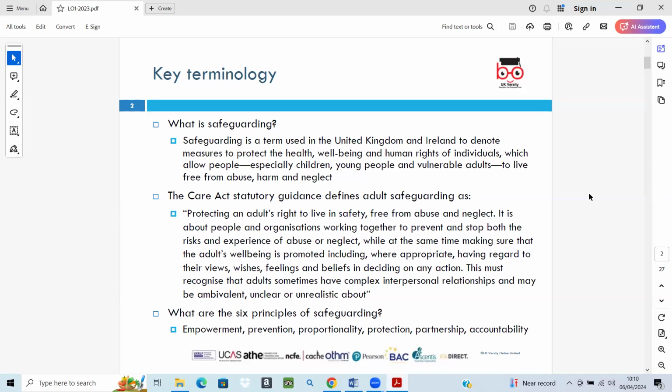And then we have proportionality, which involves ensuring that any response to a safeguarding concern is appropriate to the level of risk and seriousness of the situation. What does it mean? This means balancing the need to protect someone with their right to make their own choices.